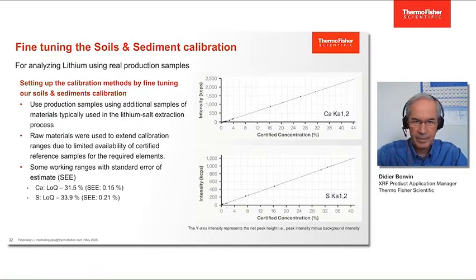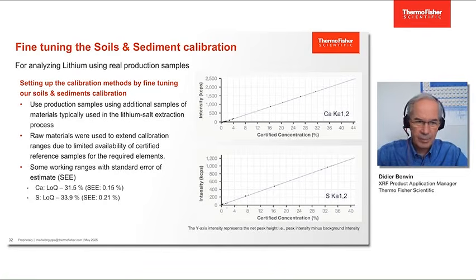We have here an example of the calibration. So we start with the soils and sediment calibration that we have fine-tuned and enhanced, we should say, by adding some specific samples, raw material samples, to extend the calibration ranges. We are going to use some raw materials in order to do these calibration range extension.